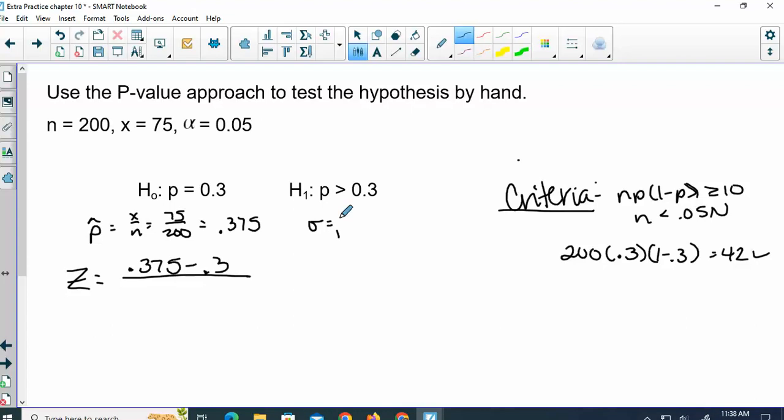Remember, guys, you can look at several different places on our formula sheet for this, but specifically if we're looking at chapter 10, the test statistics, it tells you z is p hat minus the p of the null hypothesis divided by that whole thing.